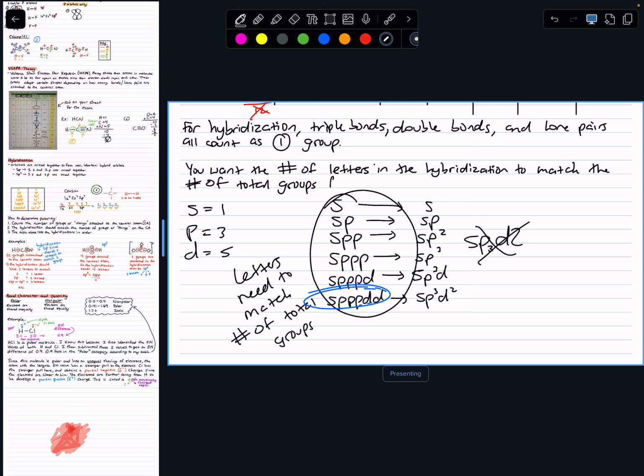So 3 groups, that's 3 letters. 4 groups, 4 letters. You want the number of letters in the hybridization to match the number of total groups on the central atom in the molecule.